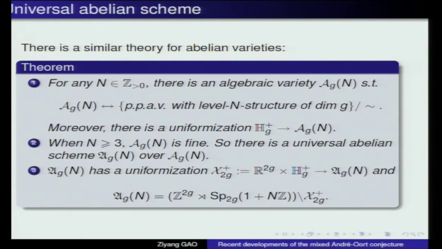So here it's R^{2g} times H_g^+, which I will denote by X_{2g}^+ for simplicity in my talk. And we also take the second point of view, as we fix a lattice in this R^{2g}, and we let the complex structure on R^{2g} vary fiber by fiber to get a family. And then we can write this universal abelian scheme as a quotient.